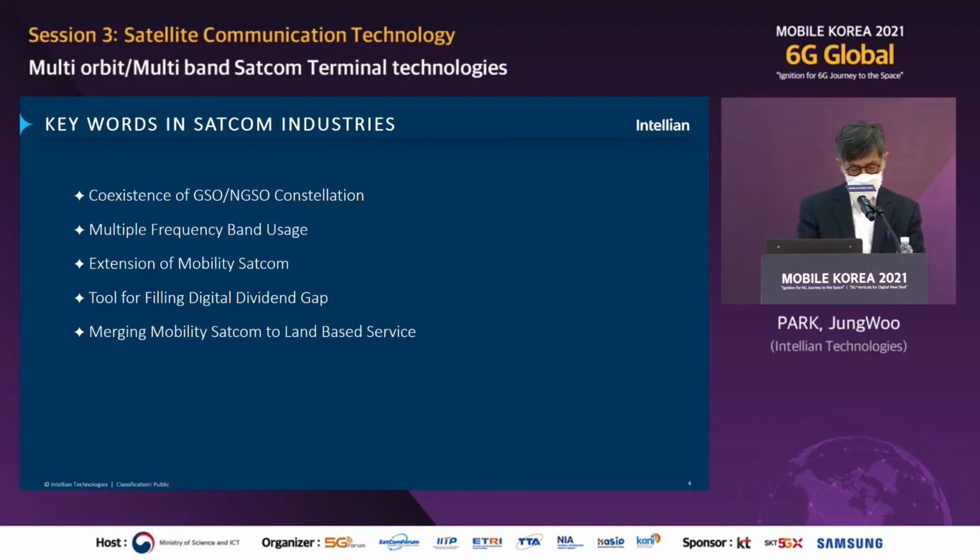In this slide, the keywords in the Satcom industry are introduced. The coexistence of GSO and NGSO constellations, the multi-frequency band usage, extension of mobility Satcom, and tools for filling the digital divide gap and merging mobility Satcom with land-based service.